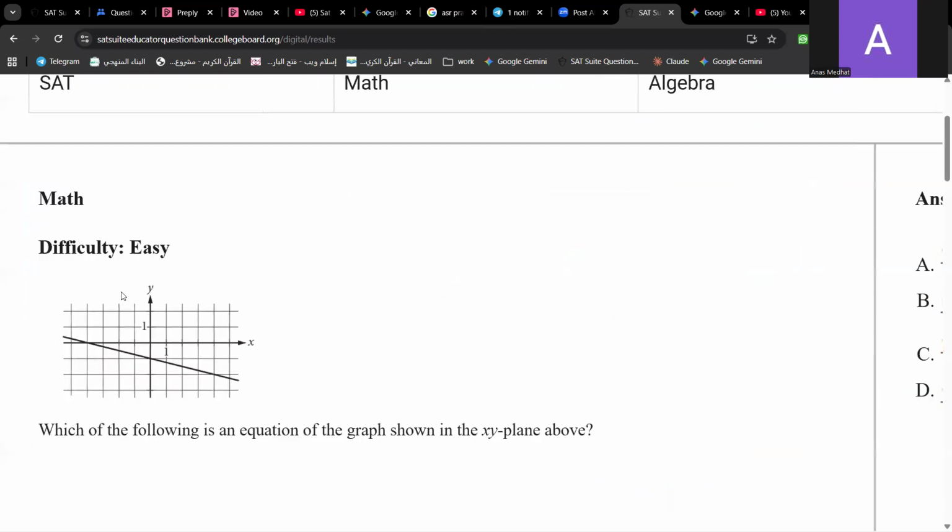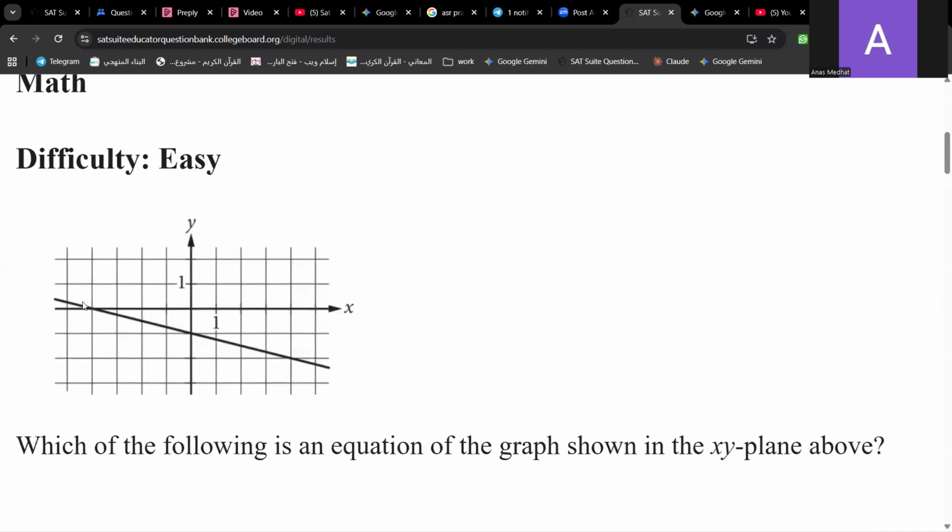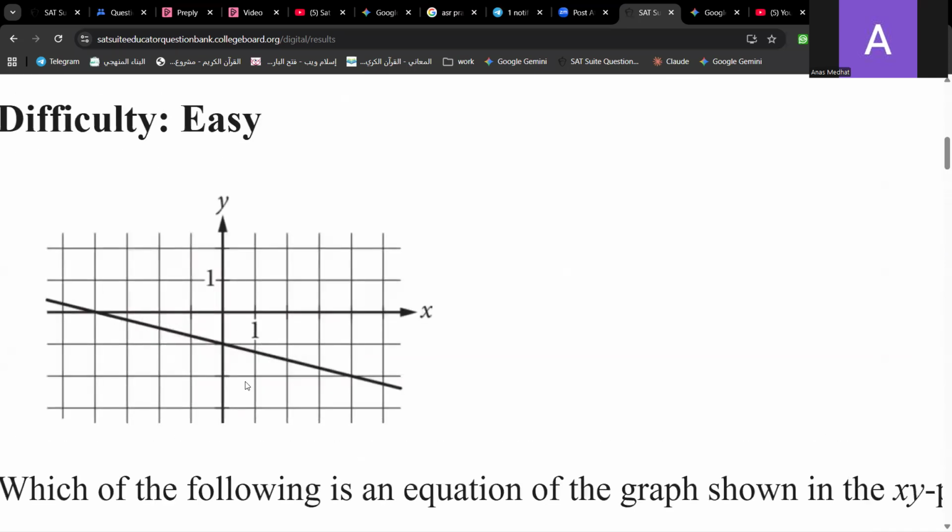Which of the following is an equation of the graph shown in the xy plane? To get an equation of a line, you have to take 2 points and get the slope and the y-intercept. Already you can find the y-intercept from the graph here, which is minus 1. Y-intercept is the value of y when x is equal to 0.